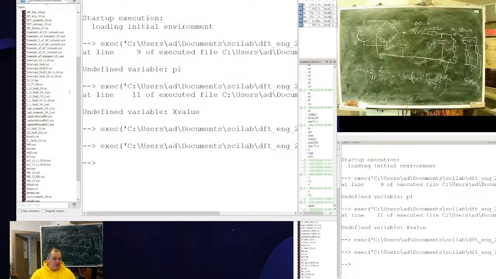For each harmonic, here is my sum. I wrote this one. Sum and 2 divided by number of points. Okay, it is.